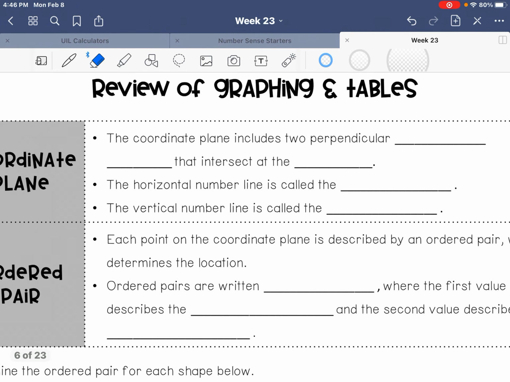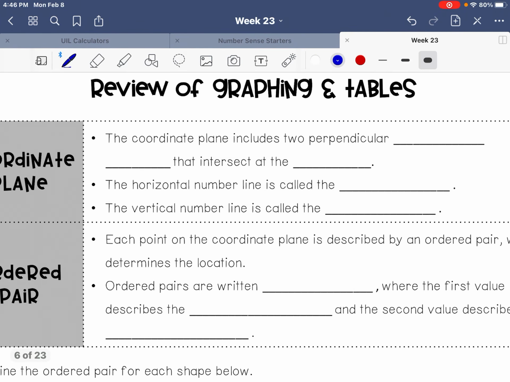So, the coordinate plane includes two perpendicular number lines, perpendicular meaning that they intersect at a right angle. They intersect at what is called the origin, also known as the point (0, 0).